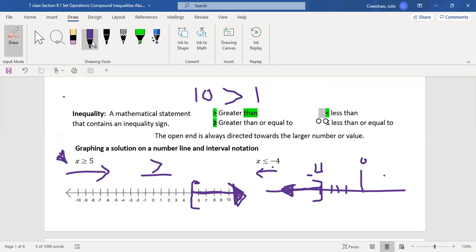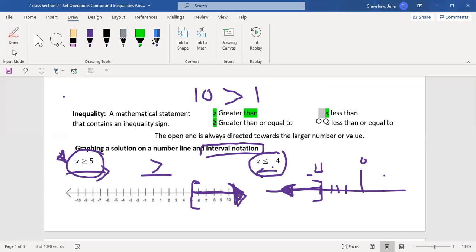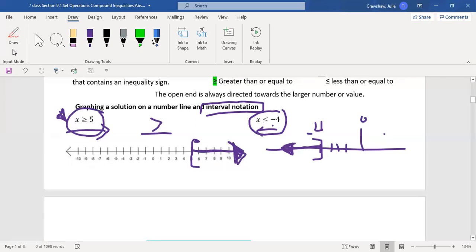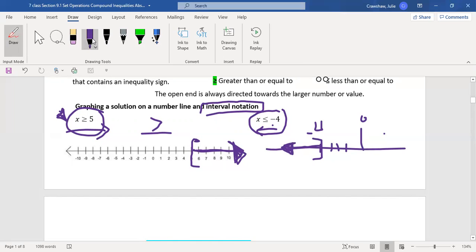So those are inequalities. Now, inequalities can be represented in interval notation. We've got this right here, x greater than or equal to 5, and x is less than or equal to -4. That's one way of stating the solution. But if we want to utilize interval notation, it's going to look almost identical to the number line.